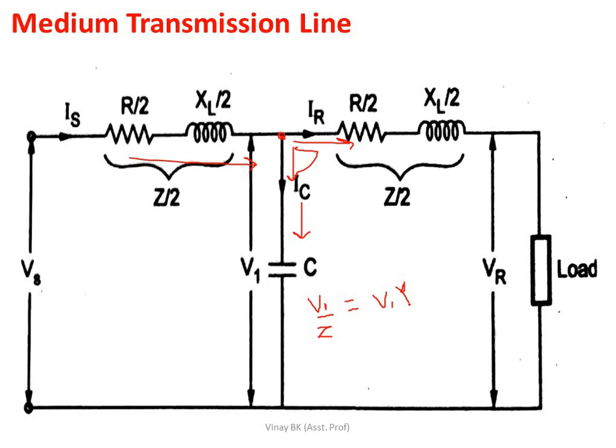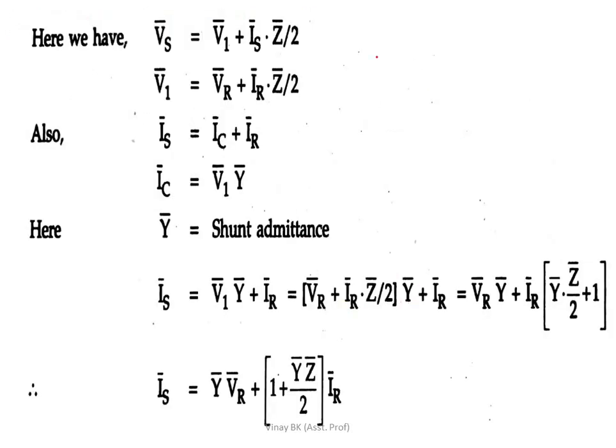So now we'll go for the expressions. Vs we get by applying KVL to loop 1, V1 we get by applying KVL to loop 2, Is we get by applying KCL, and IC is written as V1 by Z, whereas 1 by Z is nothing but admittance, so I can write it in terms of Y instead of Z.